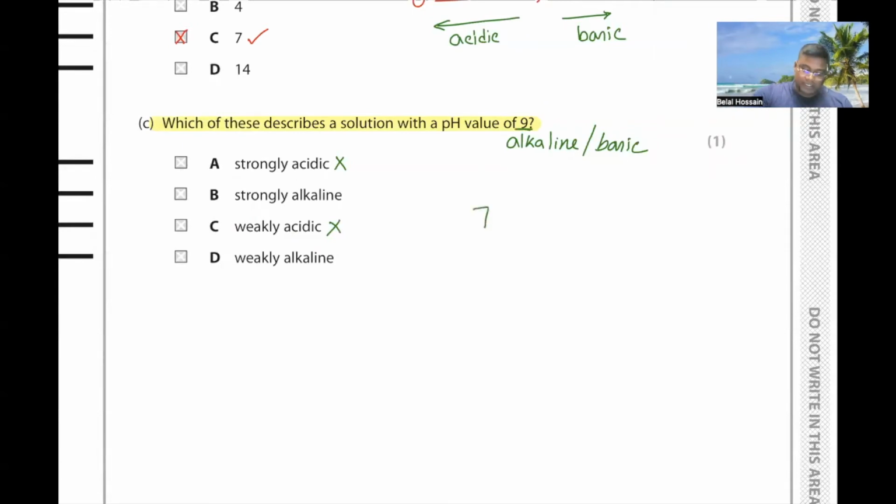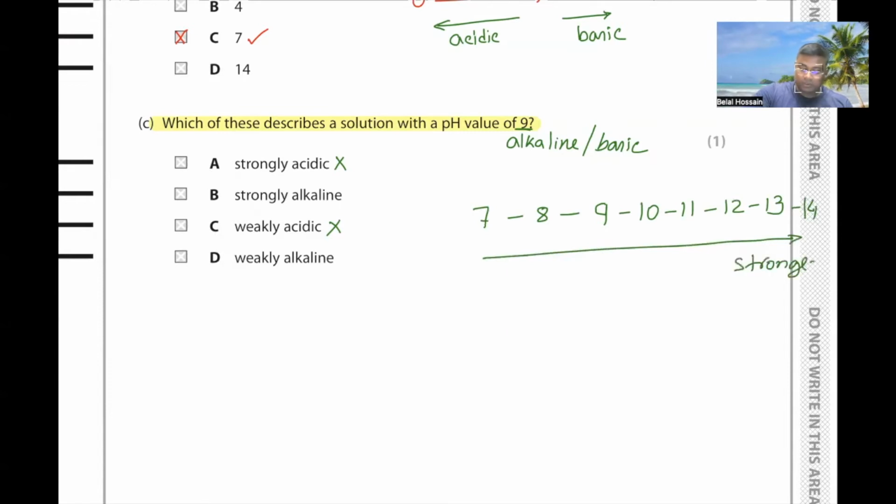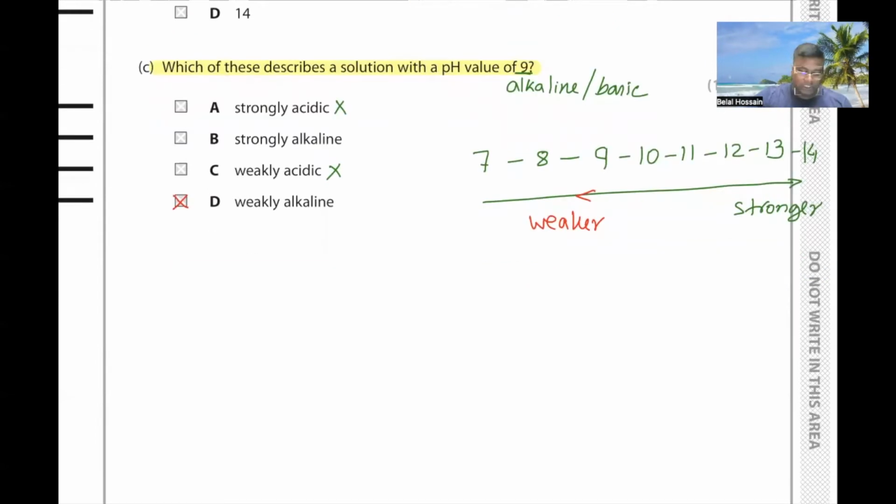You see, 7, and then we have 8, 9, 10, 11, 12, 13 to 14. As we go in this direction, it becomes stronger, and as we go in the other direction, it becomes weaker. So pH 9 is a weak alkaline substance. So weakly alkaline substance. D will be the correct answer.